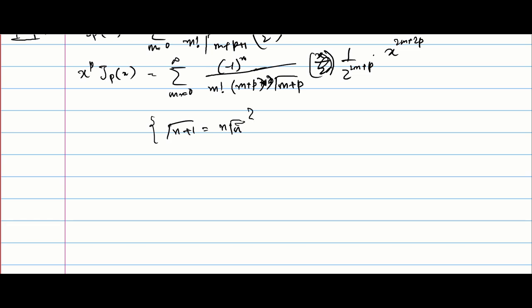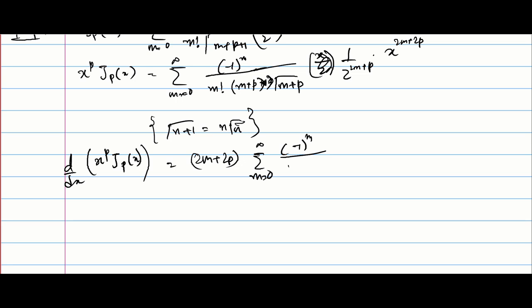So now let's take the derivative of x^p Jp(x). From this part we'll get 2m plus 2p outside, with x to the power 2m plus 2p minus 1, since we have done the derivative.